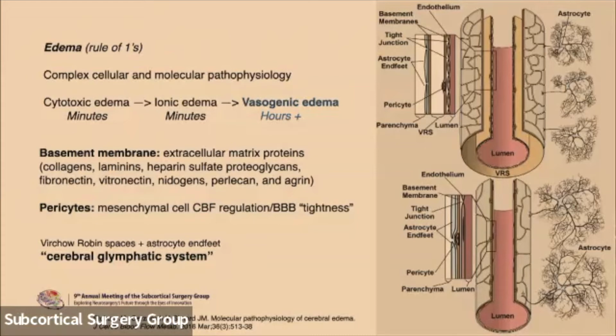We know that the histology and the role of the parasites regulate blood-brain barrier tightness, and that there are all of these extracellular proteins, many who we've never heard of, like the fibronectins and the perlecan and the agrin, which altogether regulate what is the cerebral glymphatic system. The cerebral glymphatic system is the hypothesized pathway of CSF to travel through parenchyma.